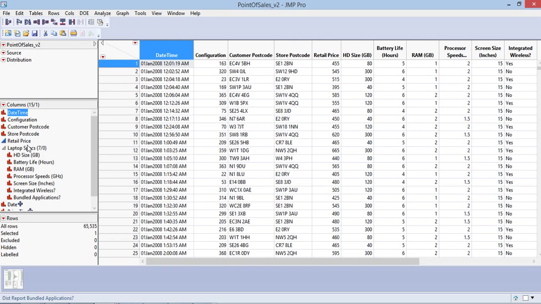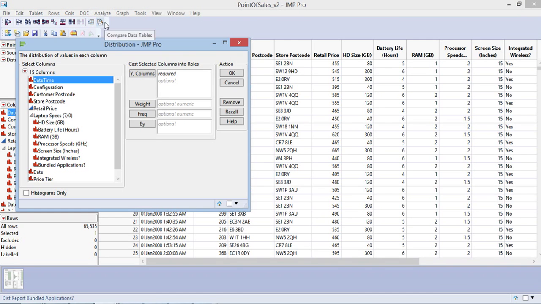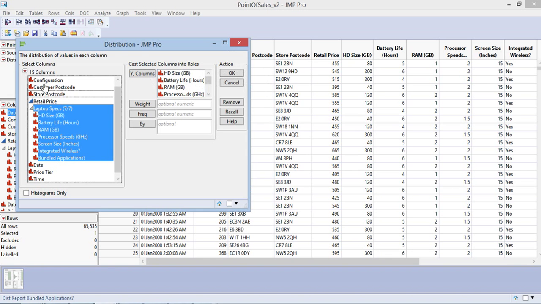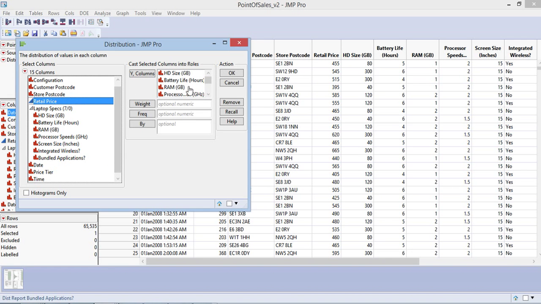And now what we are going to do is to analyze the distribution of laptop components in a certain retail price. So we're going to do this distribution analysis by putting the laptop specs and the retail price.